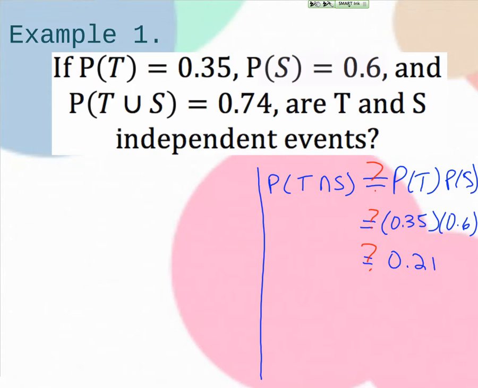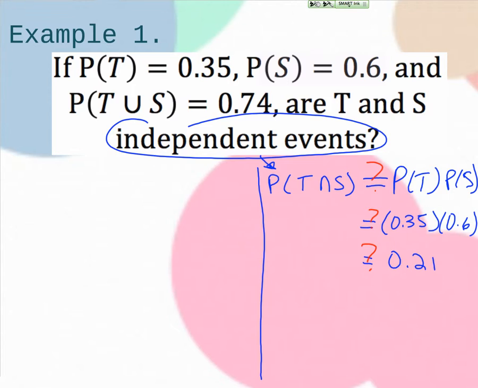In order to find that intersection, I can use my formula from yesterday. So combined events, it says. On your formula packet, it says combined events. This one's also on your formula packet under independent events. That's this part.